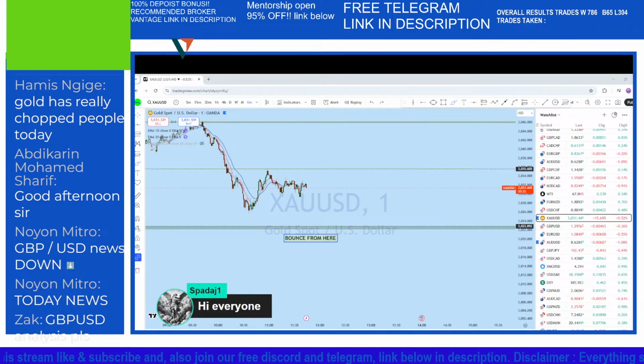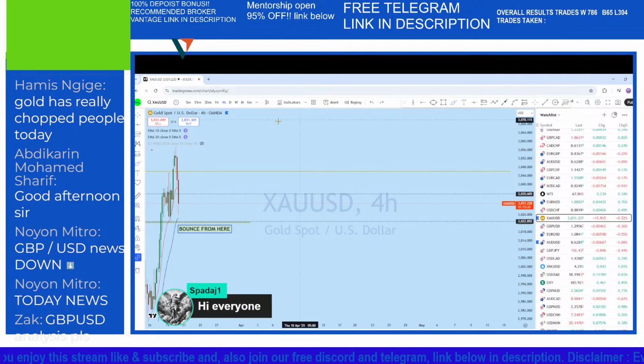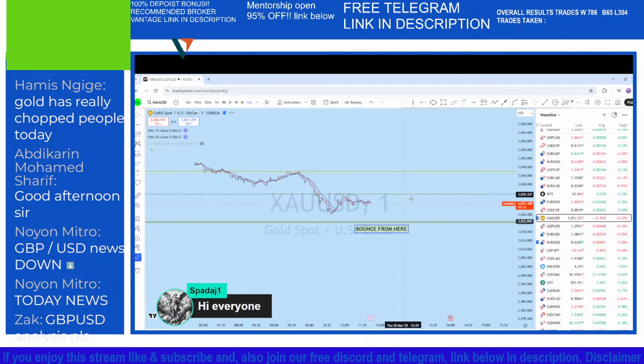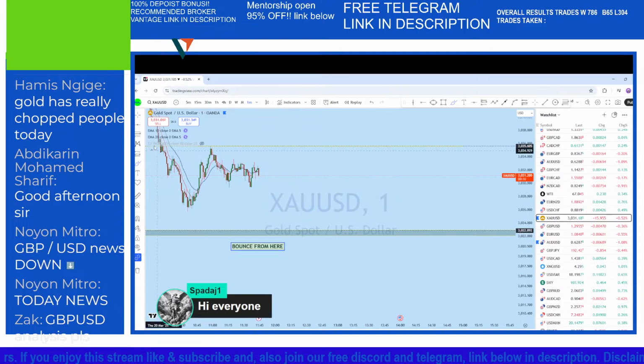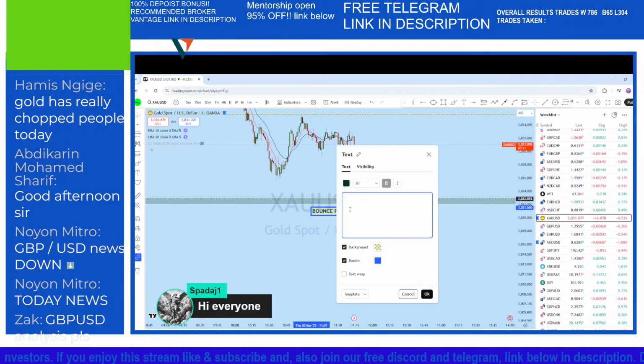Waiting for the market to show a better entry opportunity here. This is the daily support, guys. Waiting for the market to drop to the daily support and bounce from here, so you can identify that as the daily support.